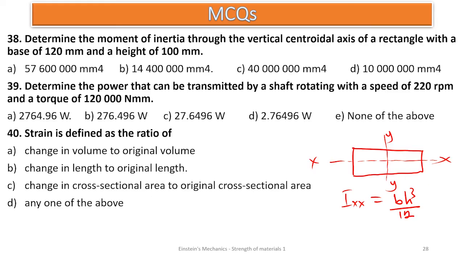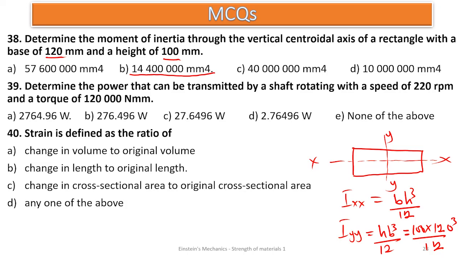And if we want to do it by the y-axis, we are going to interchange that. That is going to be hb cubed on 12. From here we have the base to be 120, the height to be that. So that is height of 100 multiplying a base of 120 cubed on 12. And that is going to give us the answer B.